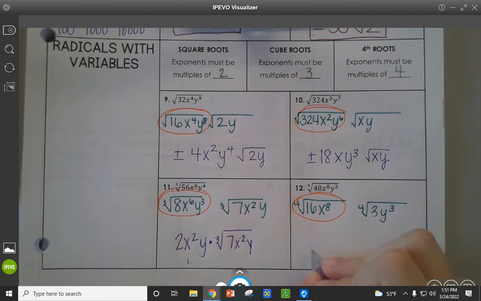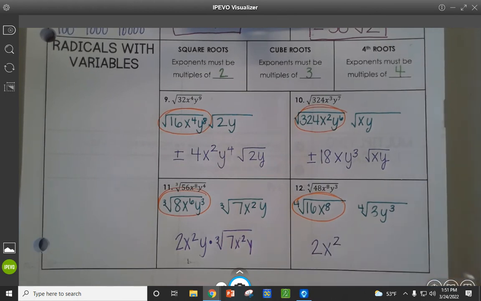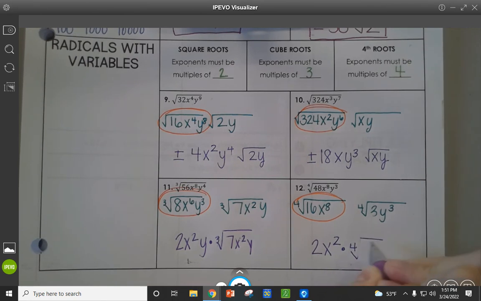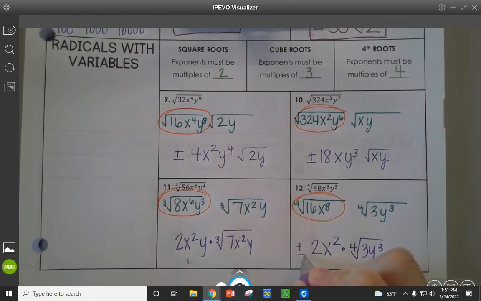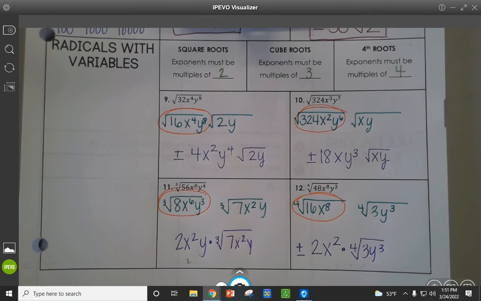So this gives me 2x squared. And then I've got the 4th root of 3y cubed left over. Do I need plus or minus? Yes, because we have an even index. Any questions?